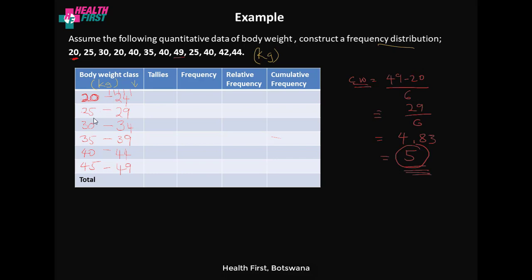The same applies to the next one: 25, 26, 27, 28, 29, so we have 5 there. So it's not a straightforward subtraction in order to determine the class width. That's why we do it this way, by first listing the lower class limits and then the upper class limits, so that we don't make mistakes in determining the class width.